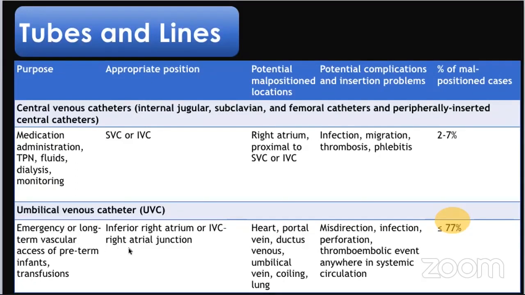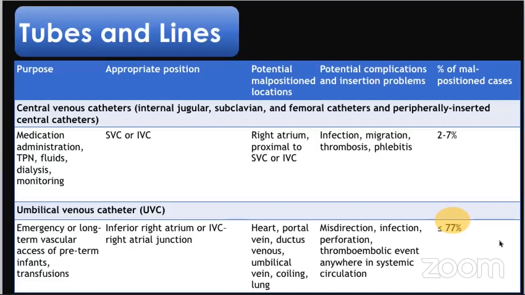The next tube is the umbilical venous catheter. The appropriate position is the inferior atriocaval junction, usually at the level of the diaphragm.